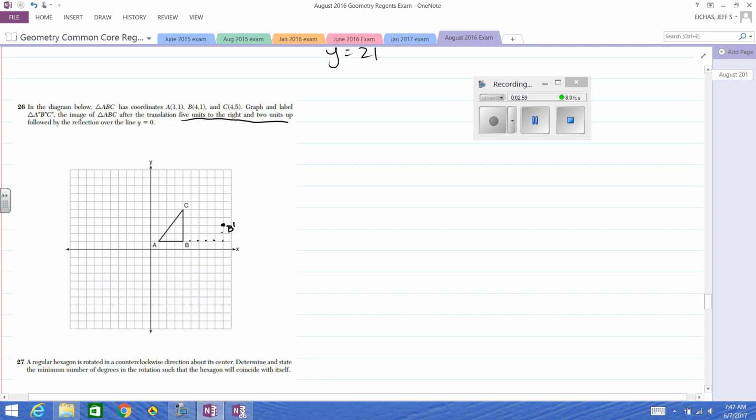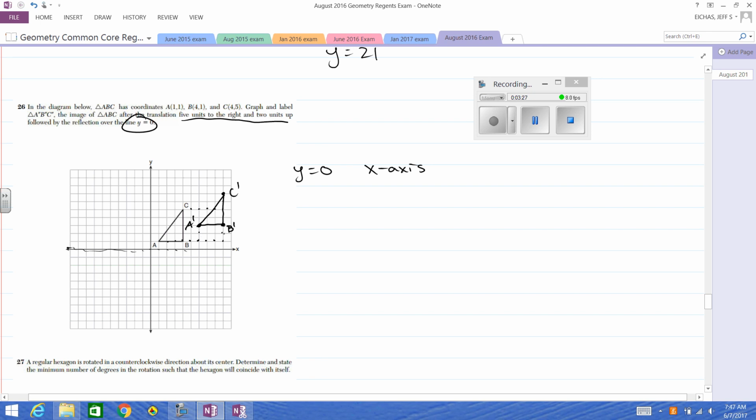So there's B prime, C prime, and A prime. And then what we're going to do is a reflection over y equals 0. Y equals 0 is not the y-axis. It's actually the x-axis. All the y values on this axis are 0. So that's the definition of that equation.